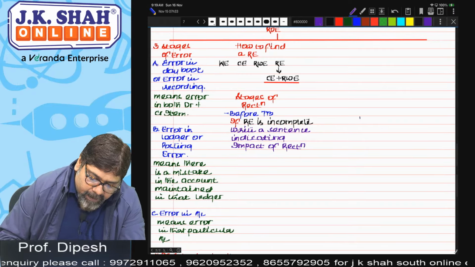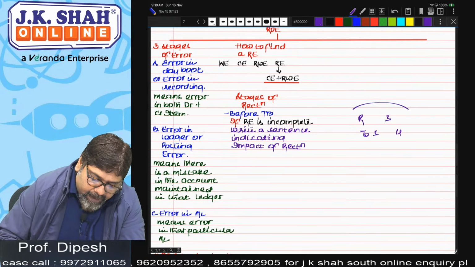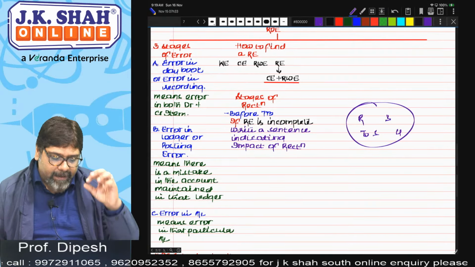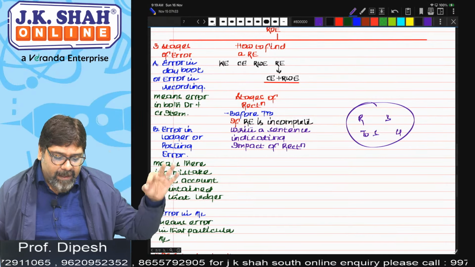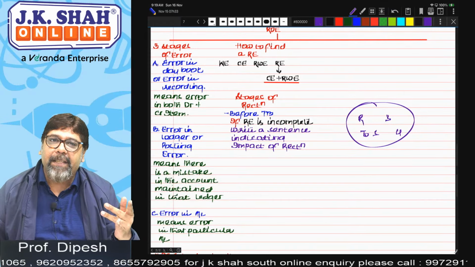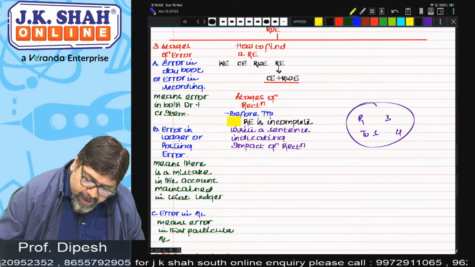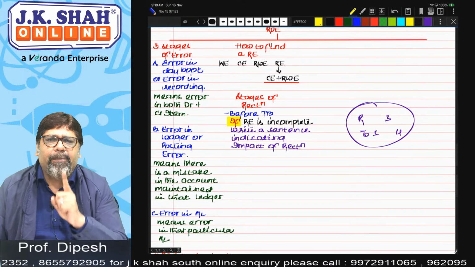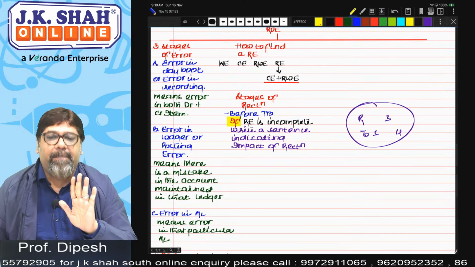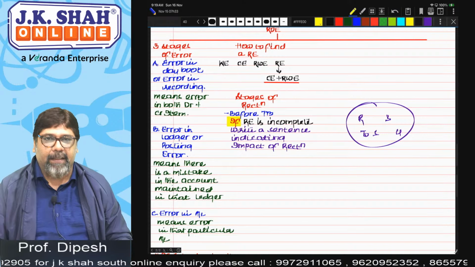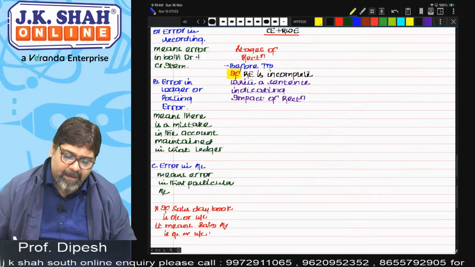That means suppose the journal entry is Ram 3 to sales 4. Is it a complete journal entry? No. Then you have to write a sentence: debit Ram's account with rupees 3 and credit sales account with rupees 4. If it is a complete journal entry, then life is beautiful. If it is incomplete, you are supposed to write a sentence only if the rectified entry is incomplete. This is before preparation of trial balance.